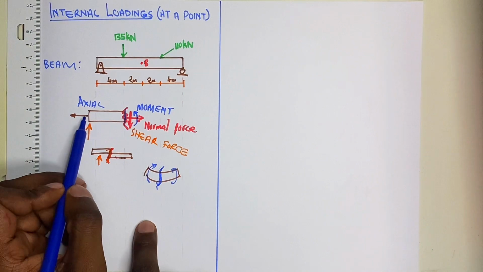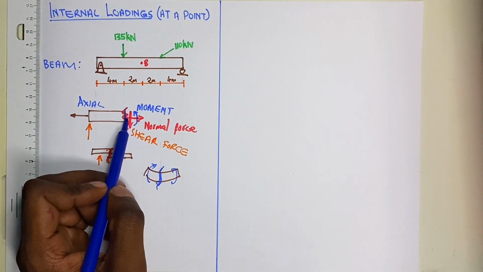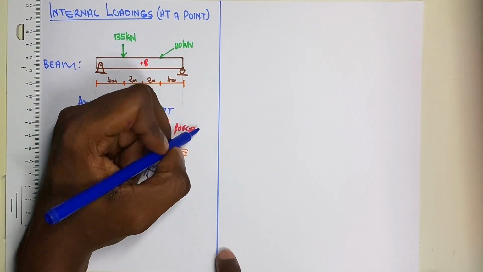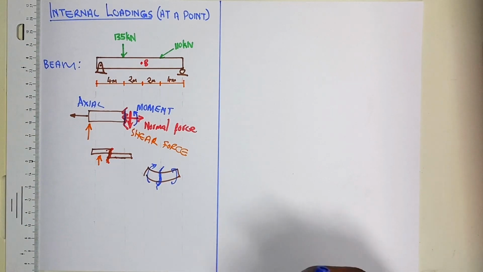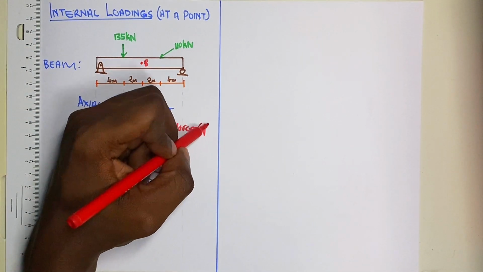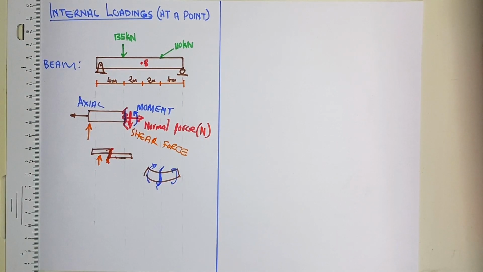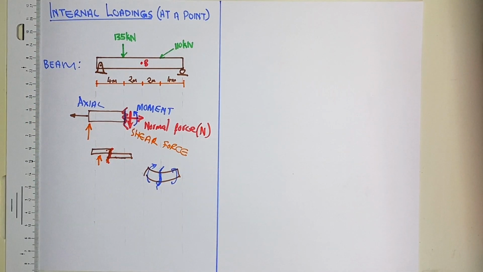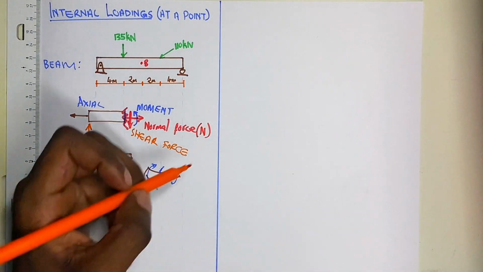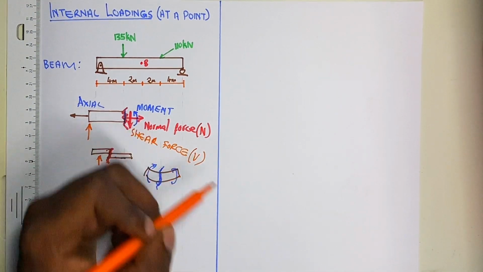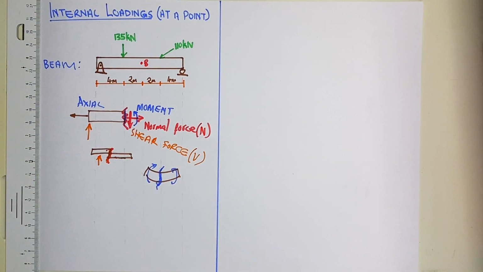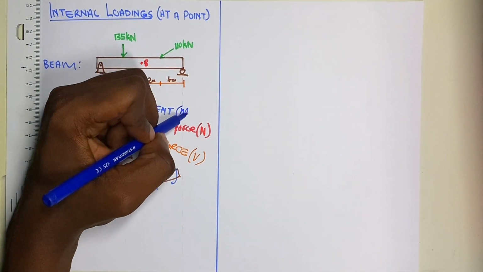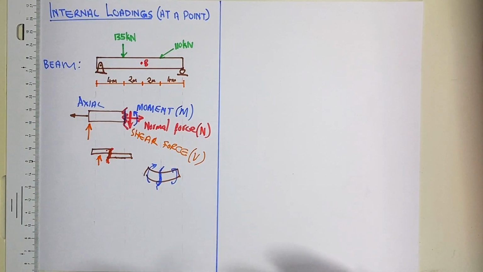When there's an axial force, then we'll have a normal force inside. I'm going to denote it by using the letter N going forward. Every time you see this in this video, we are talking about normal force. For the shear force, I'm going to be using V because I'm used to that. And for the moment I'm going to be using a capital M. They are all capital letters.